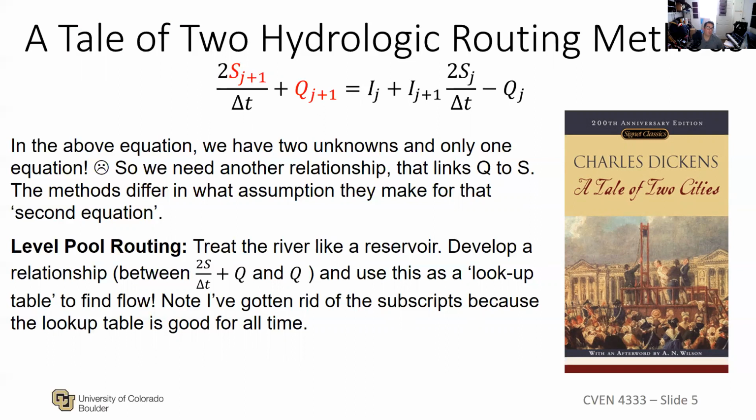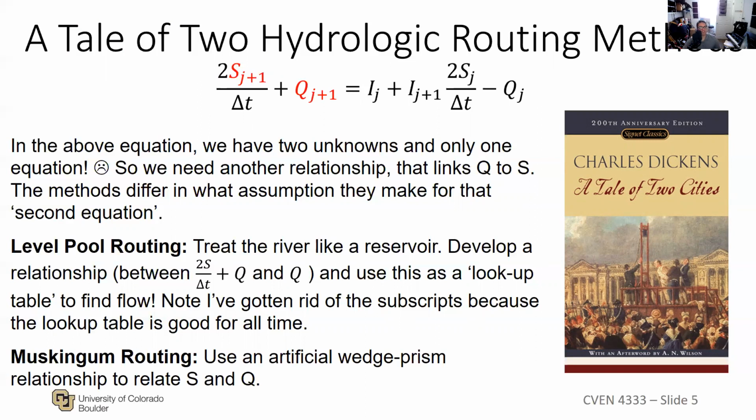With reservoirs, we know what this looks like because we know storage and flow relationships for reservoirs that are controlled by things like spillways and other kinds of outlet works. But you can also use this for rivers as well. Once you have that lookup table, you can use it to interpolate what the value of Q is, given the chunk of the equation that you've calculated, and then use that to finish the routing equation.